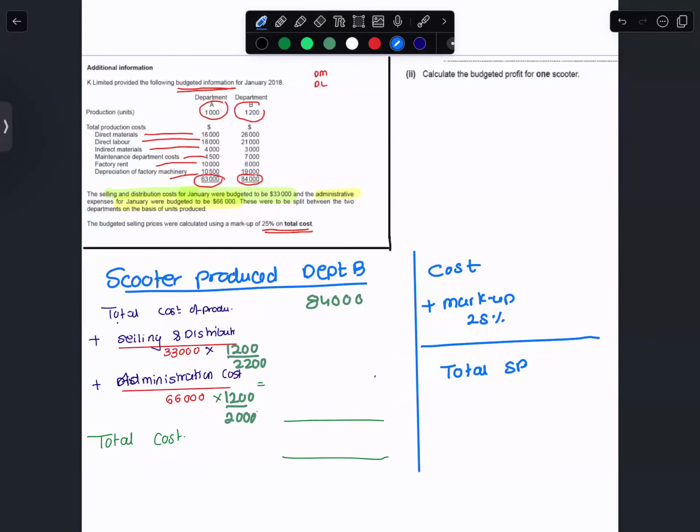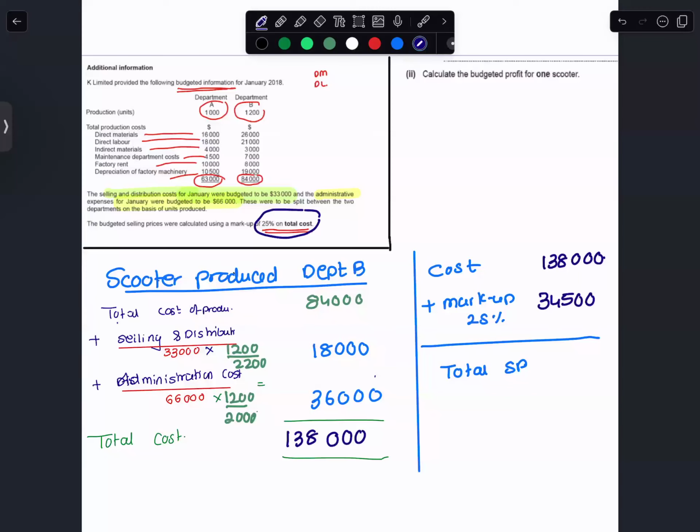Selling would be 18,000. Administration would be 36,000. So total cost? 138,000. Markup is how much? 25%. 34,500.